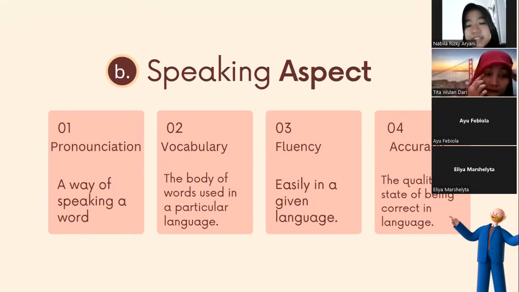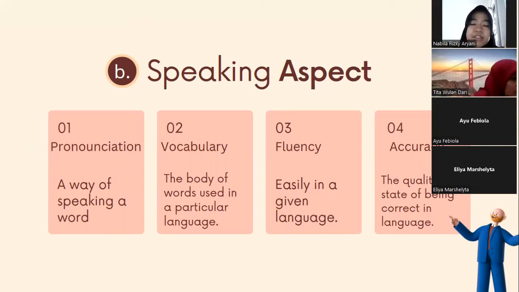For students, pronunciation is the way to produce language clearly in what they utter. Here, students are not required to sound like a native speaker. However, the most important thing is that the listeners are able to understand what the speakers are saying.